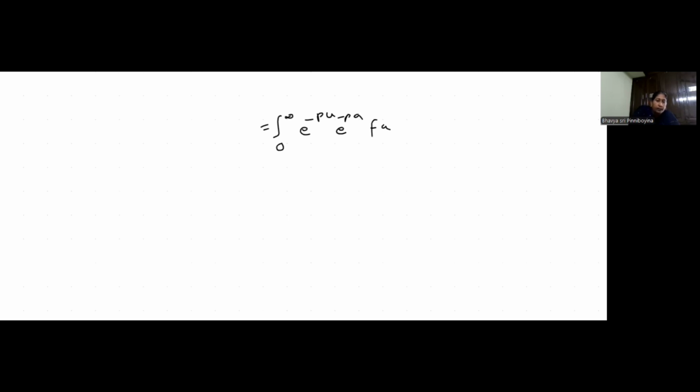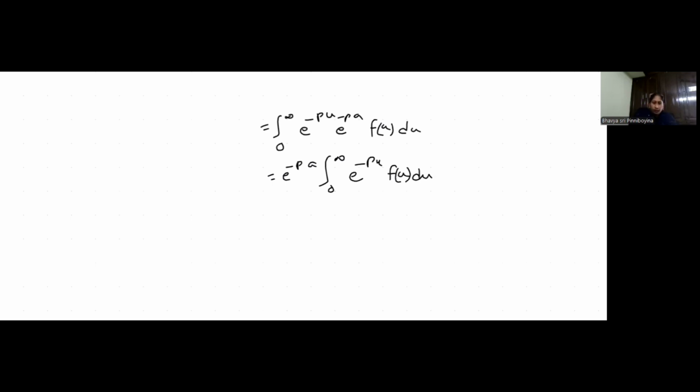Here e power minus pa is a constant term, so we take it outside. So integral 0 to infinity e power minus pu into f of u du is the definition of the Laplace transformation in terms of u.